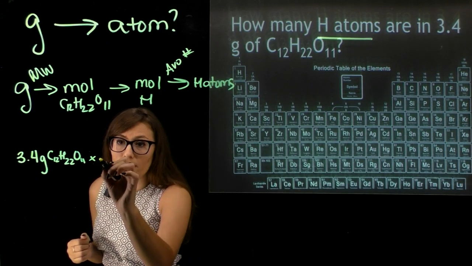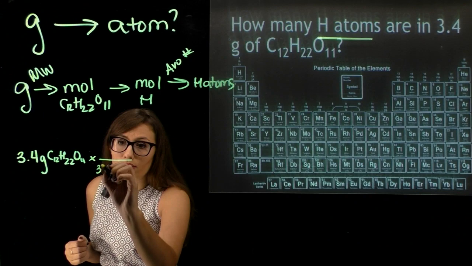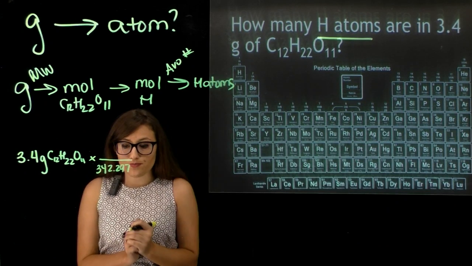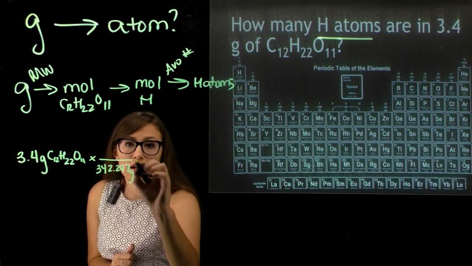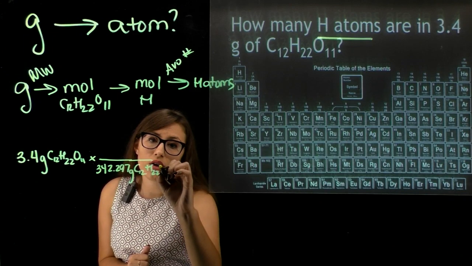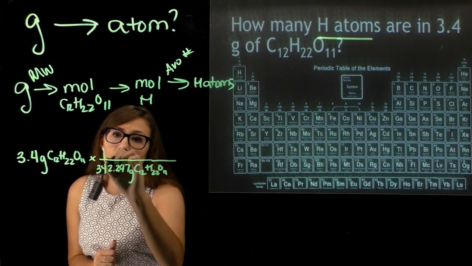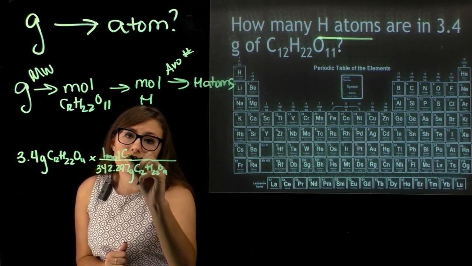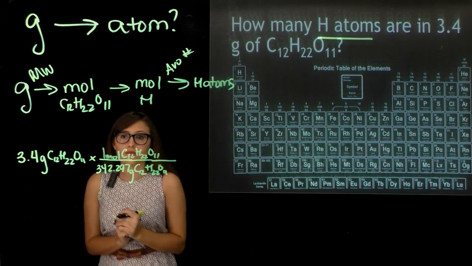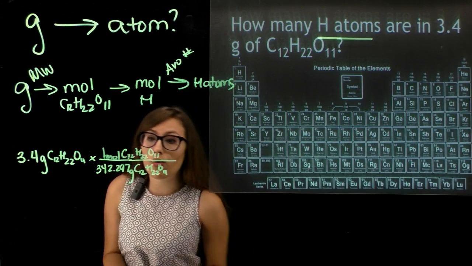And once you do that, you end up getting a molecular weight of 342.297. And this is grams of C12H22O11 per 1 mole of C12H22O11. Well, good. Our grams and grams cancel out.